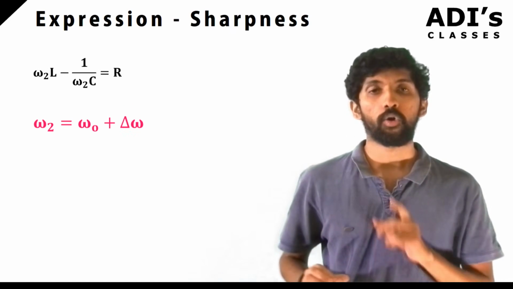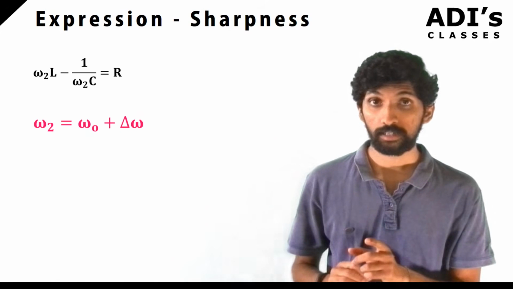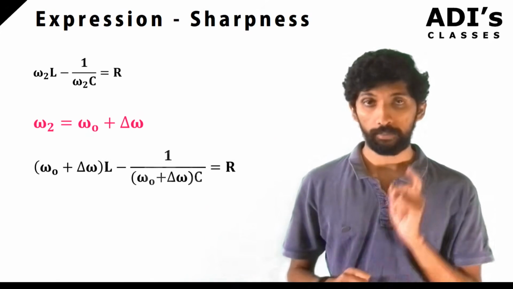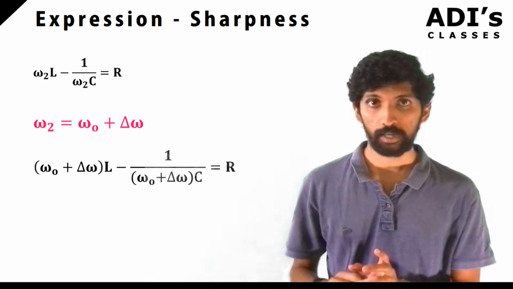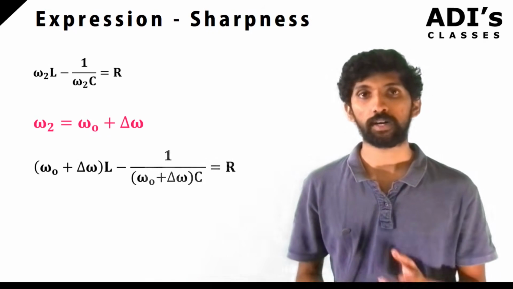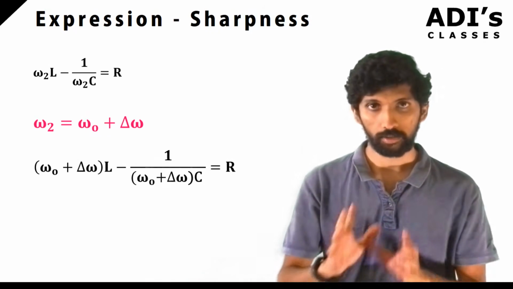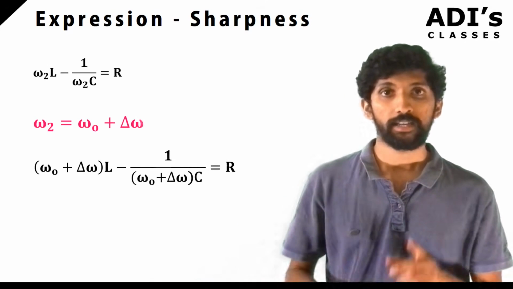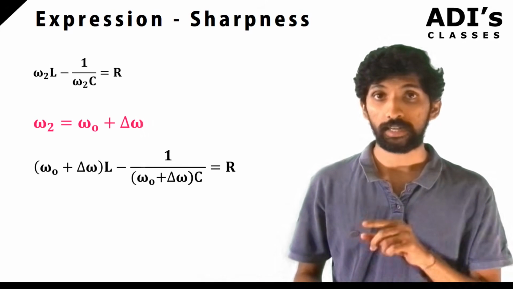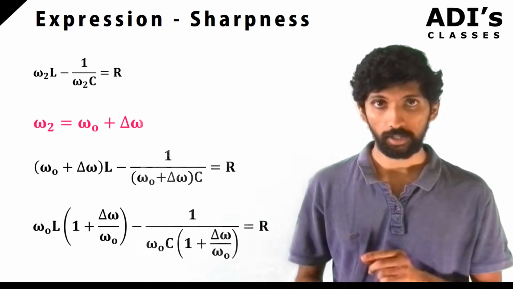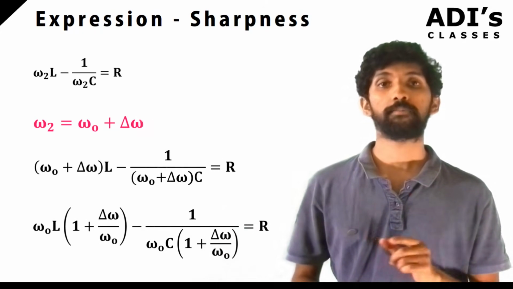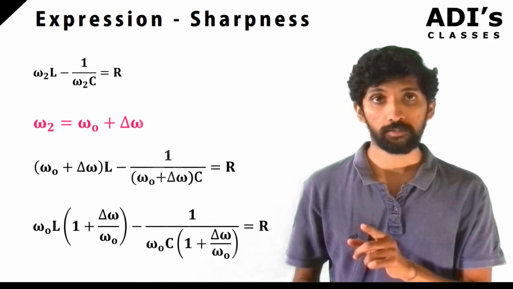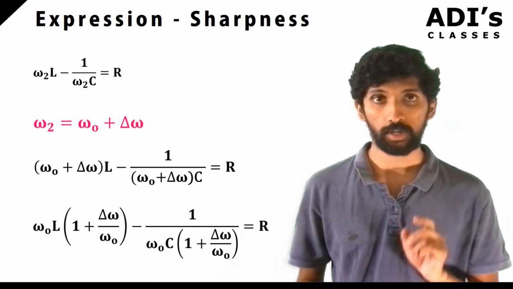So we will get (omega naught plus delta omega) into L minus 1 over (omega naught plus delta omega) into C is equal to R, correct? So what we have here is omega naught L into (1 plus delta omega by omega naught) minus 1 by omega naught C into (1 plus delta omega by omega naught) is equal to R.